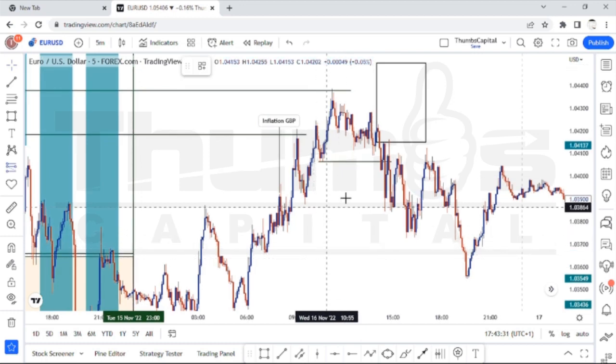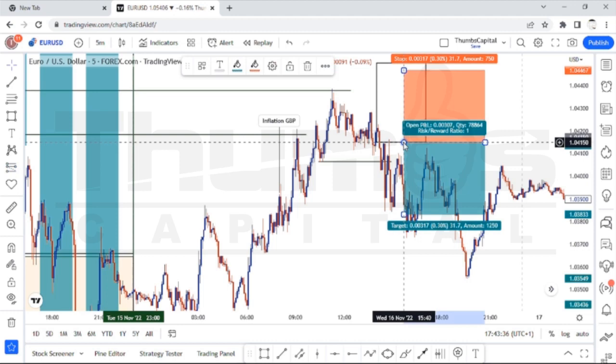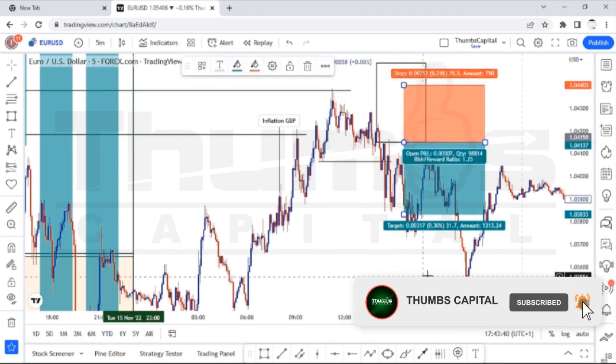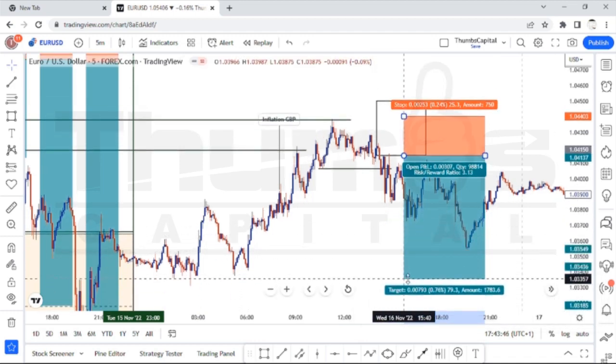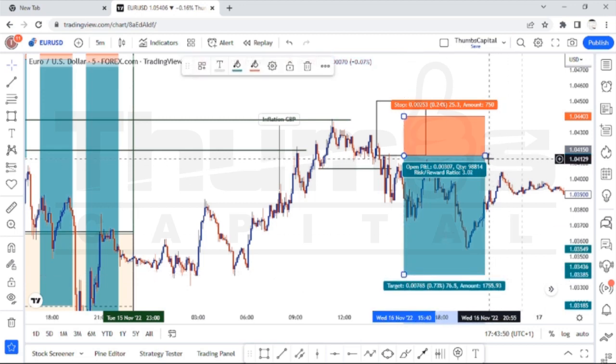Let me put the short position right on the trade. I had my entry at 1.0415, stop loss just above the high right here, and my first take profit at 1 to 3 risk reward ratio. You already know 1 to 3 risk reward ratio, first take profit.